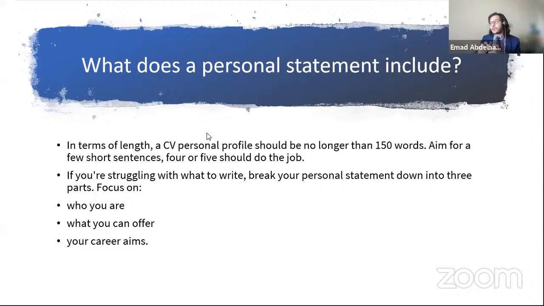So let's say I, for example, have a lot of experience in interpreting and translating. But when I apply for a teaching position, I will not include the translation part of it because it's not very relevant to the job that I'm applying for. I want my CV to be focused on the teaching qualification, teaching experience, and teaching skills that I have.